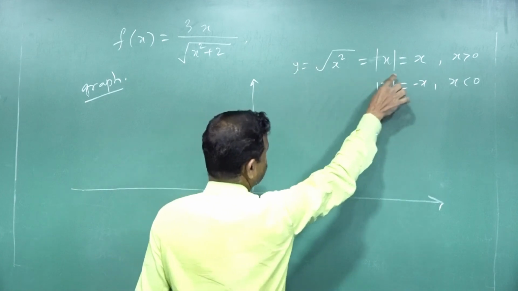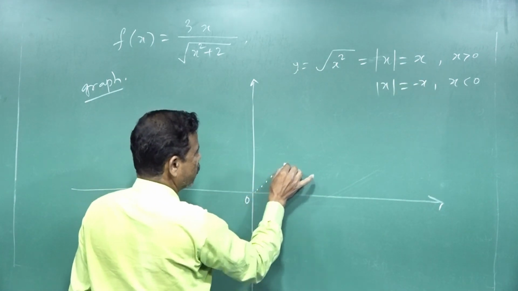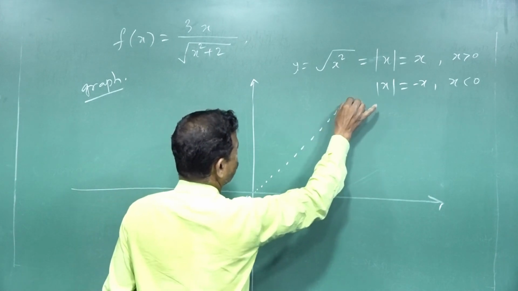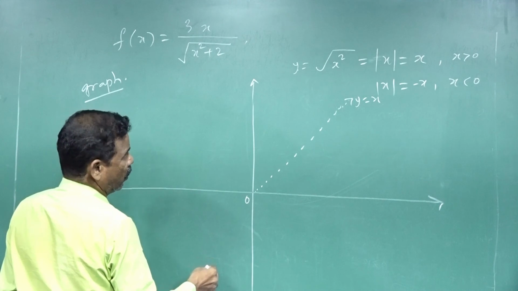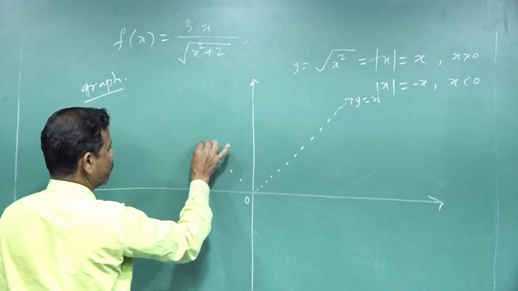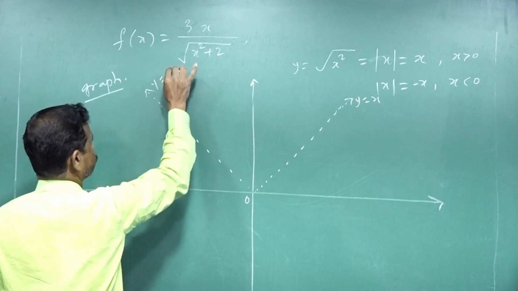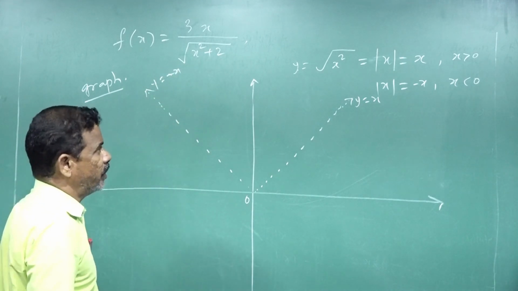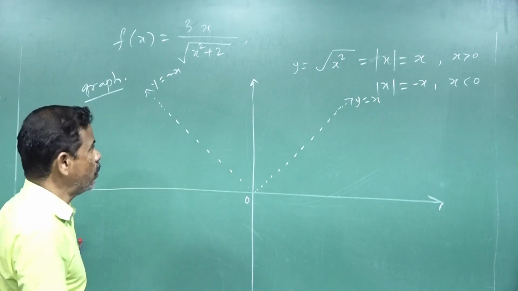Suppose y is equal to plus x, this is the line y is equal to x, and on this side y is equal to minus x. So x is negative on one side and x is positive on the other. In this case, this graph comes for the y values.